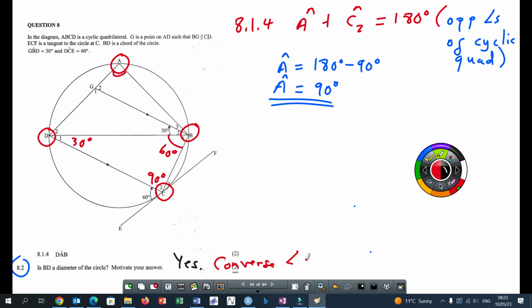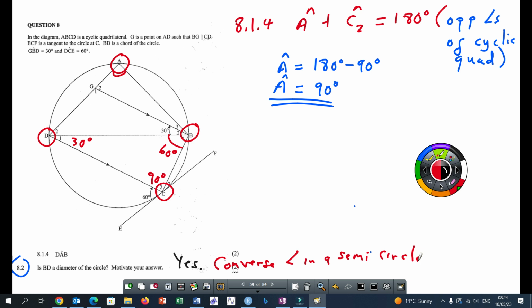converse angle in a semicircle. Or if you want to say it in a different way, you can say chord BD subtends an angle of 90 degrees at the circumference. But this is the best way of writing it.